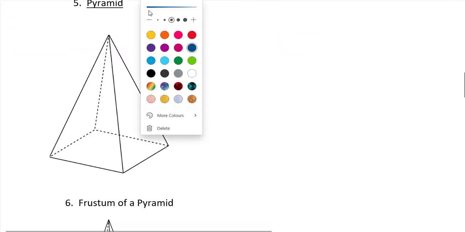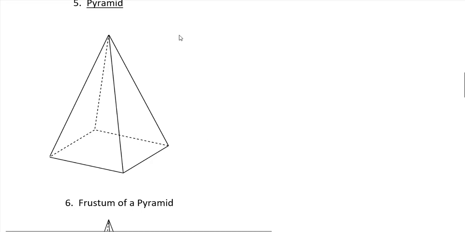Pyramid. A pyramid is similar to the prism, except that in a prism we have both ends as some area. In a pyramid, all the edges of the base, this is the base, if we name them, P, Q, R, S, these are the edges of the base.